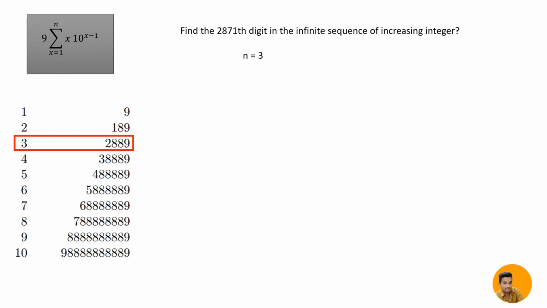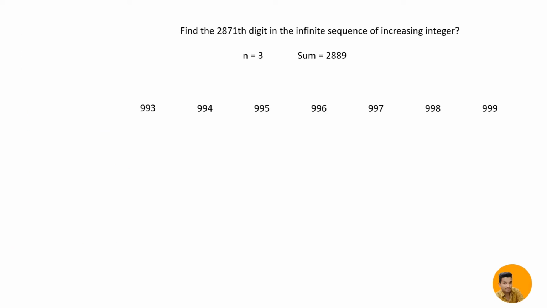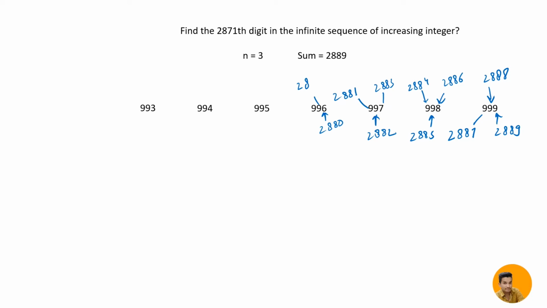And what is this 2889? If I write this backward, this would be 2889, this would be 2888, 2887, 2886, 2885, 2884, 2883, 2882, 2881, 2880, 2879, 2878, 2875, 74, 2873, 2872, this would be 2871, this would be 2870, this would be 2869.